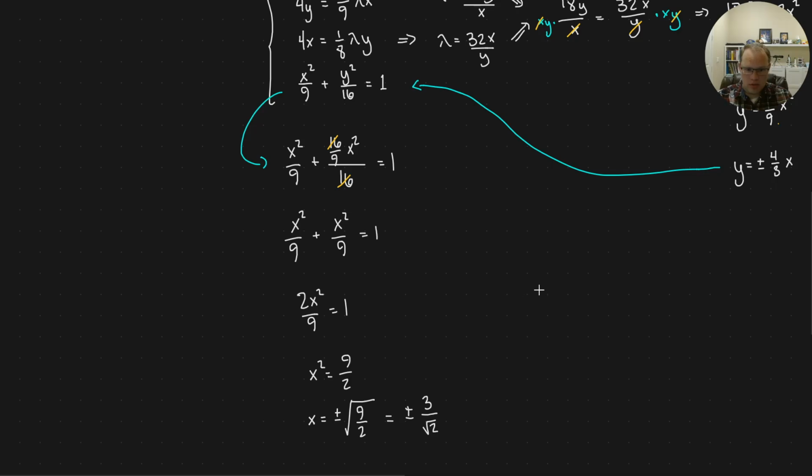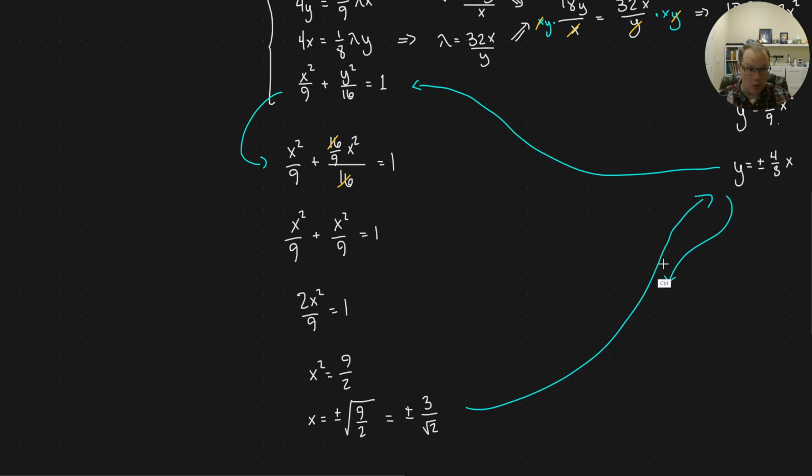So, y is equal to, it could be equal to positive 4/3 x. Let's see, this gets a little complicated. You got to be careful here. Y is not necessarily going to be positive at the same time x is positive.